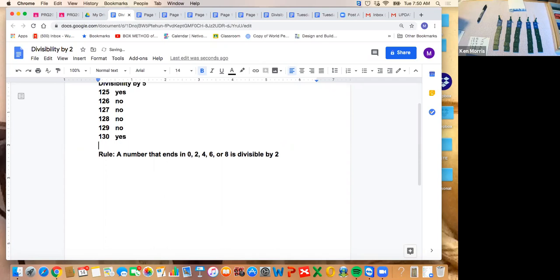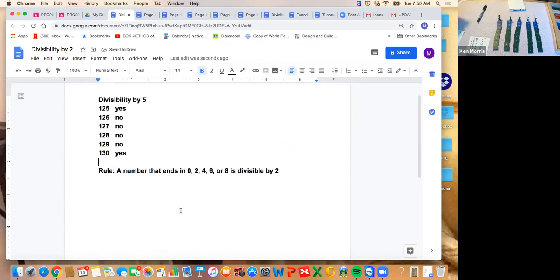And our rule is: a number that ends in 0 or 5 is divisible by 5.